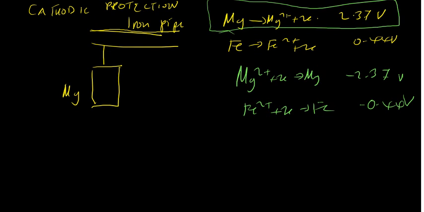So cathodic protection is very important. This is what we use in tanks and also in pipes which are underground. The iron is kept from getting oxidized, and so it is protected from undergoing oxidation or rusting. So these are the ways of preventing corrosion, and this was about corrosion.